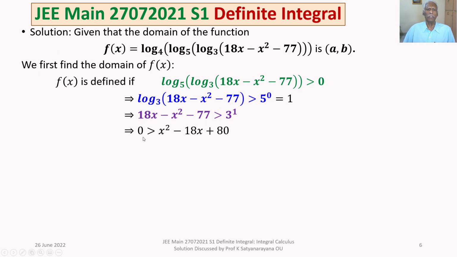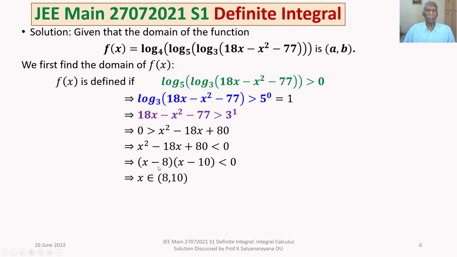We obtain 0 greater than x square minus 18x plus 80. This implies x square minus 18x plus 80 is less than 0. And factorizing, x minus 8 into x minus 10 is less than 0. This will imply x belongs to the open interval 8 comma 10.